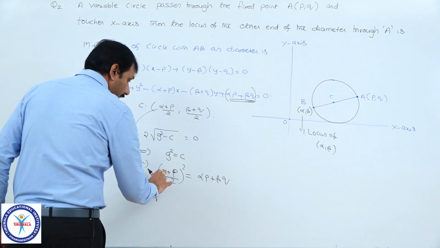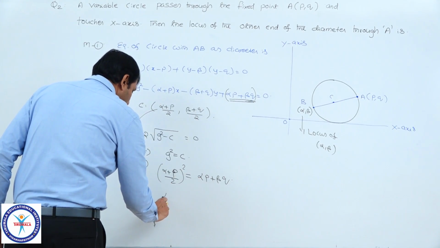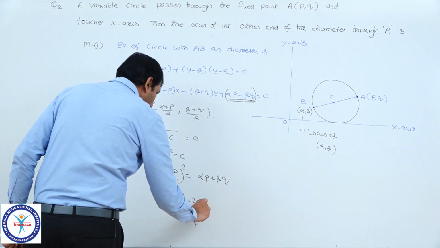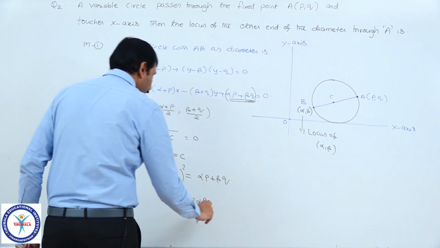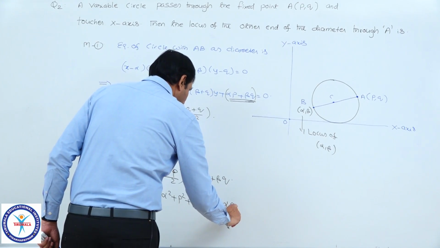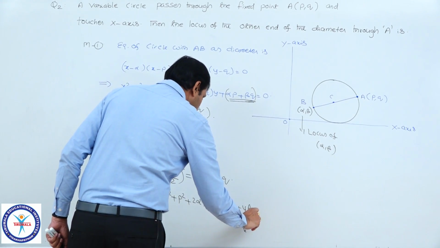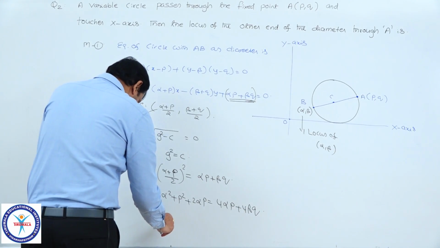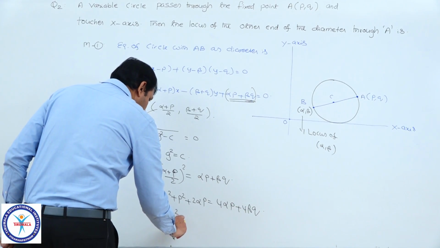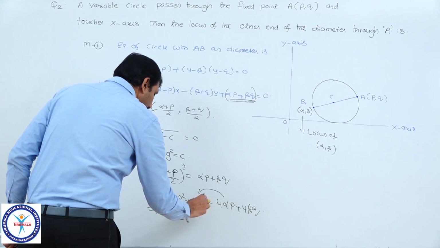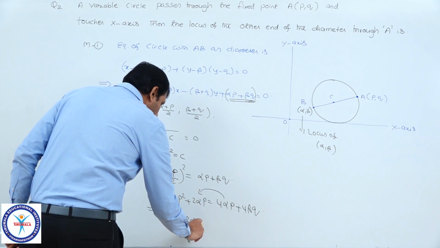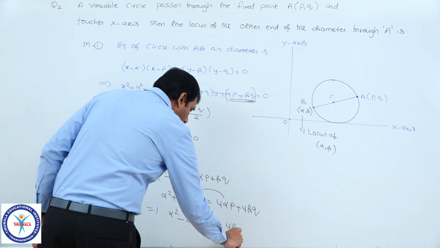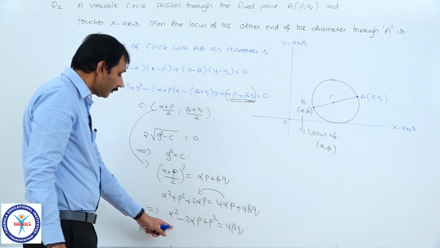Therefore, expand it and cross multiply. Alpha square plus p square plus 2 alpha p equal to 4 alpha p plus 4 beta q. That implies alpha square, if I bring this side, minus 2 alpha p plus p square is equal to 4 beta q.